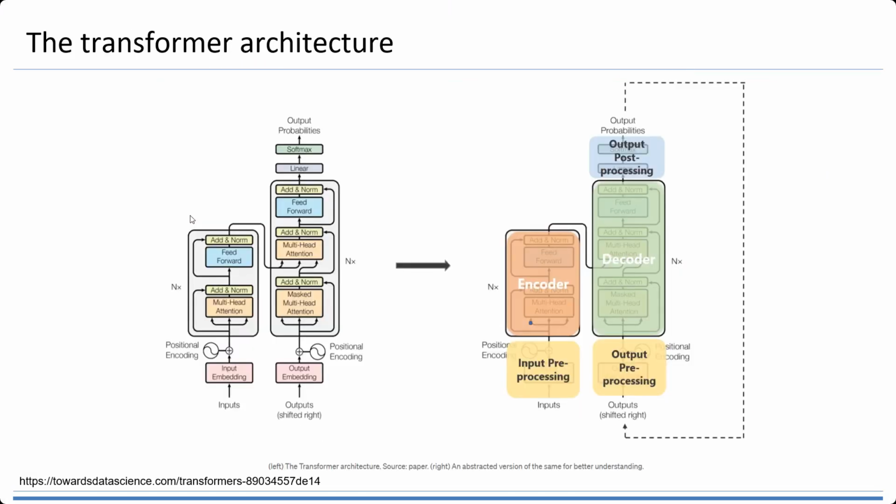The transformer architecture, if you look at this one, maybe it is good to see the right section. If you still remember the attention mechanism, what is the attention mechanism?